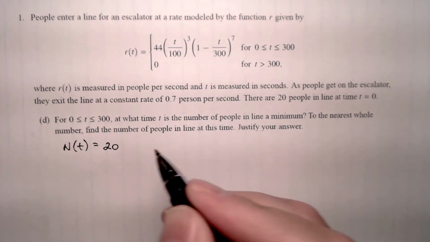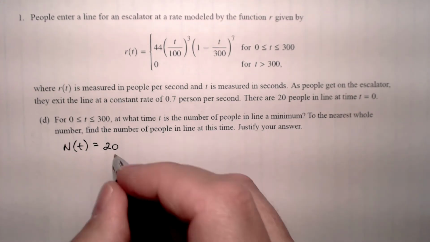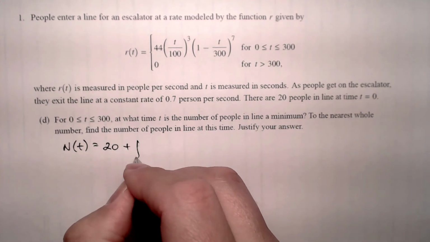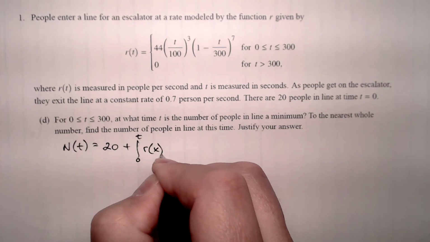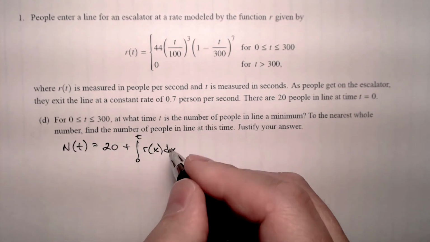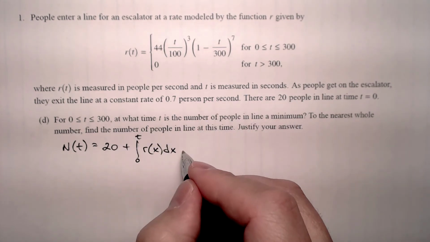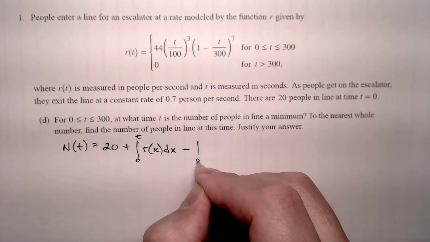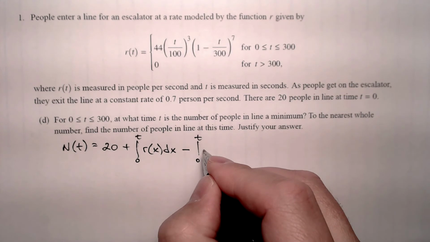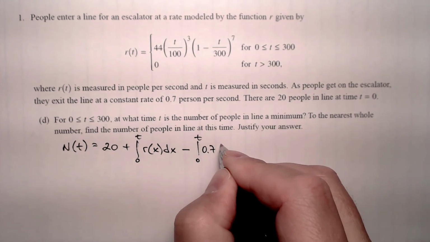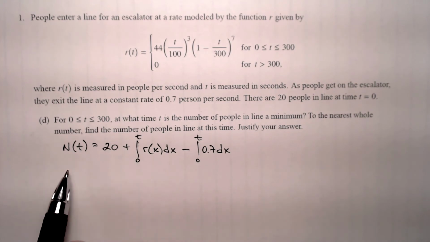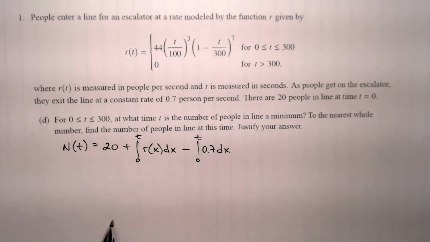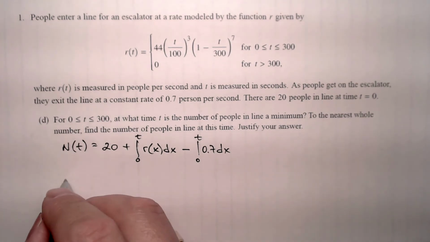20, which is the initial number of people at time 0, plus the integral from 0 to t of r of x dx, the number of people entering the line, minus the integral from 0 to t of 0.7 dx. This function is continuous and differentiable, so let's differentiate it.